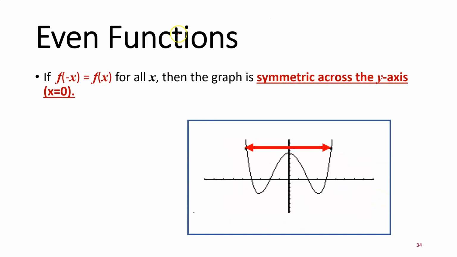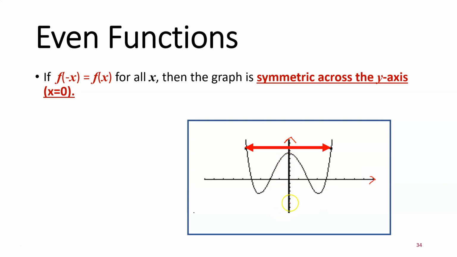Then we have even functions. Fungsi genap. If f(negative x) equals f(x) for all x, then the graph is symmetric across the y-axis. The y-axis is when x equals 0. This is the y-axis, and this is the x-axis.